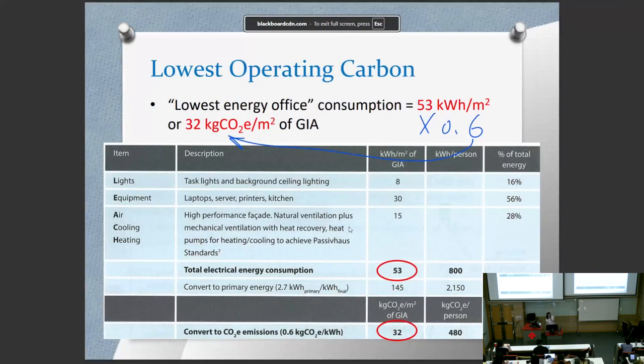Okay, so these are just some calculations for the author to calculate 53 kilowatt hour per square meter. And using an emission factor of 0.6, it results in 32 kg of carbon dioxide equivalent. So just some calculations for the lowest energy office.